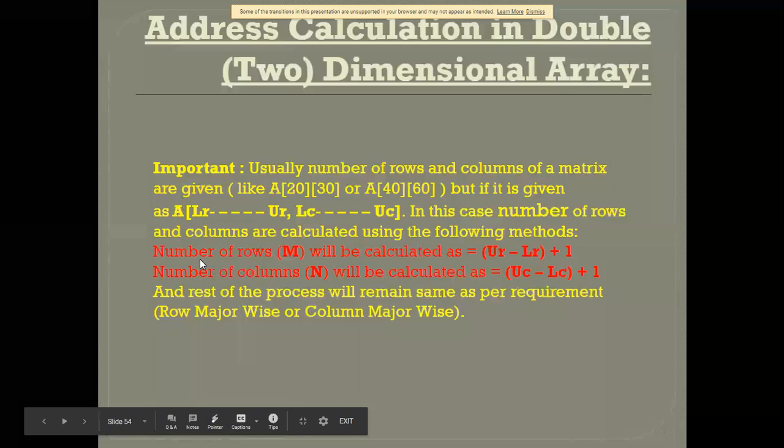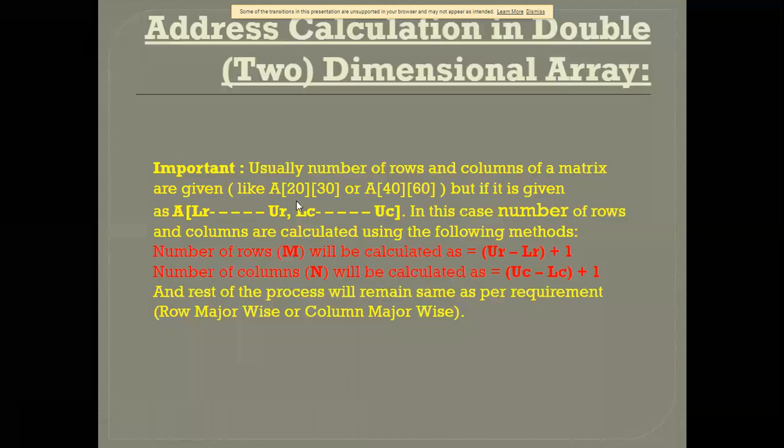Now an important note. Usually the number of rows and columns of the matrix are given, like A of 20, 30 or 40, 60. But if it is not given, and it is given as lower limit and upper limit, how do we calculate the total number of rows and columns? There is one formula.